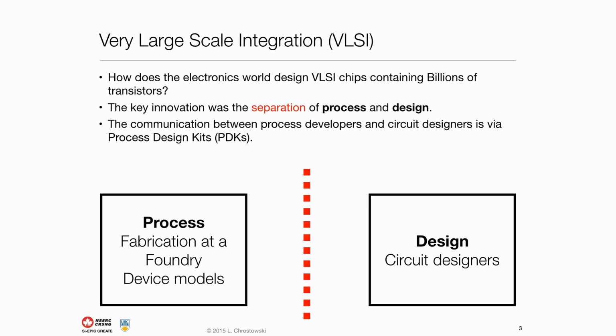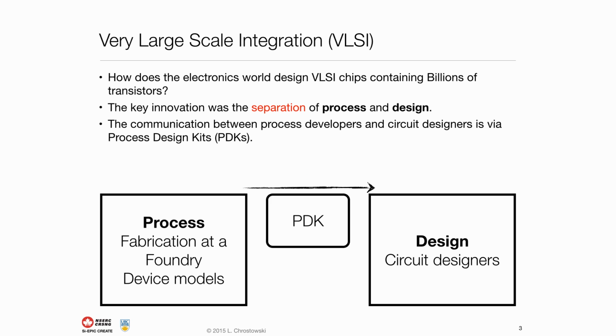They take care of developing devices such as transistors and resistors, fabricating test structures, characterizing their performance, and building these device models. The designers don't worry about the device details, but rather focus on circuit design. The communication between process developers and circuit designers is via process design kits, or PDKs, which are provided by the foundry. The designer, in turn, submits a layout for fabrication.